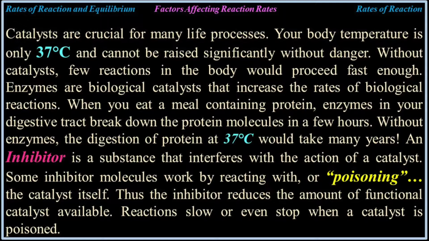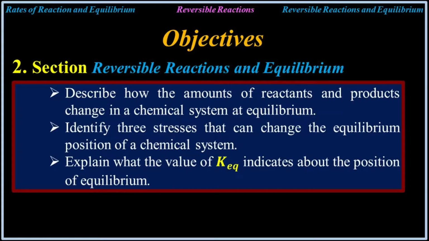An inhibitor is a substance that interferes with the action of a catalyst. Some inhibitor molecules work by reacting with, or poisoning, the catalyst itself. Thus, the inhibitor reduces the amount of functional catalysts available. Reactions slow or even stop when a catalyst is poisoned.